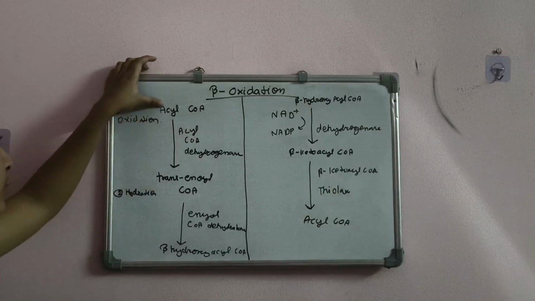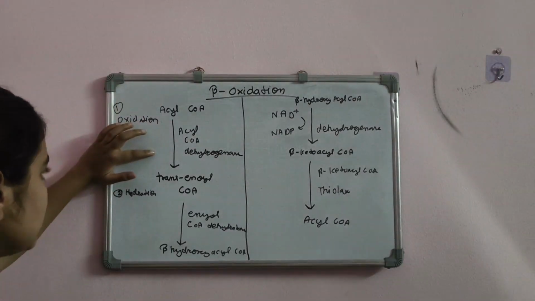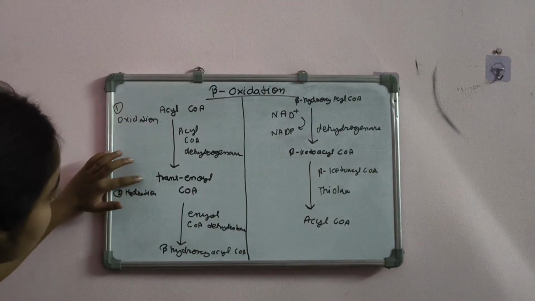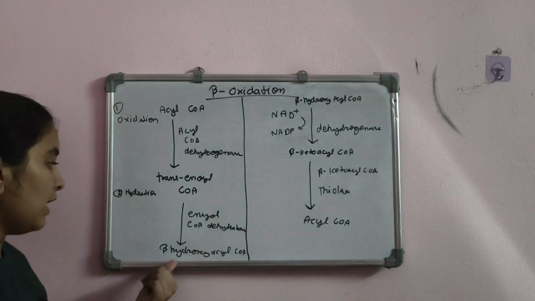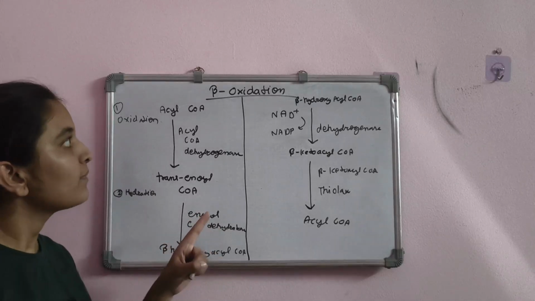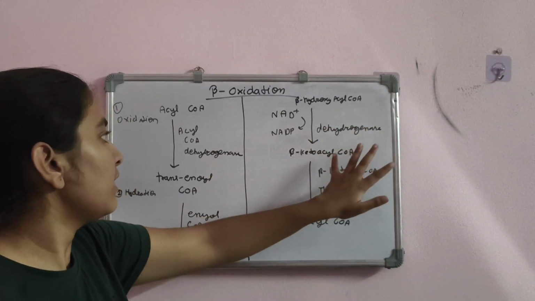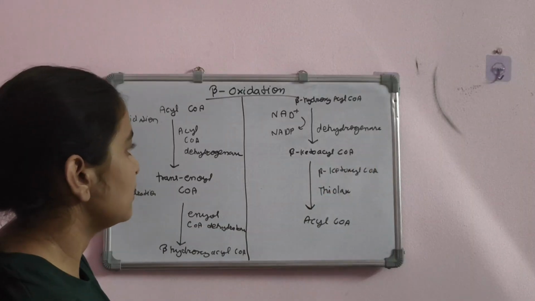First, acyl CoA forms trans-enoyl CoA with the help of the enzyme acyl CoA dehydrogenase. Then from trans-enoyl CoA, beta hydroxyacyl CoA is formed with the help of the enzyme enoyl CoA dehydratase. Then from beta hydroxyacyl CoA, beta ketoacyl CoA is formed with the help of the enzyme dehydrogenase.